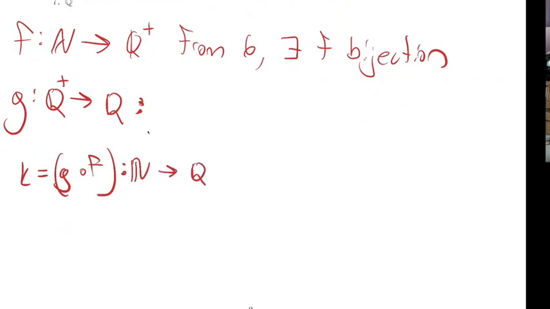With this kind of stopover at Q plus in between. So we're going to define this where now N is coming from the natural numbers because K is going from N into Q.